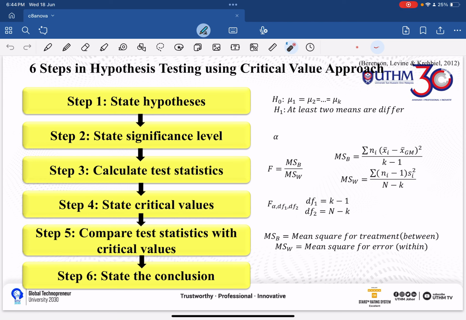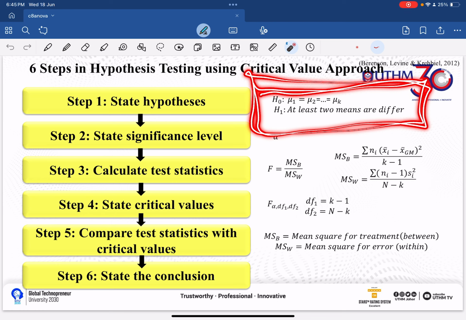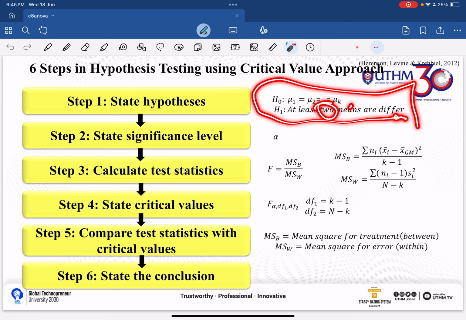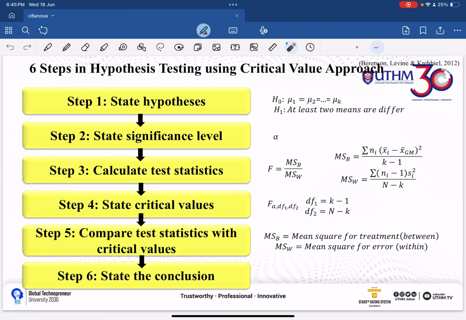So the hypothesis for ANOVA is this one only. You just need to remember H naught is that all the means are equal, and H1 is that at least two means differ. Okay, so it is the same statement for all of the ANOVA problems.